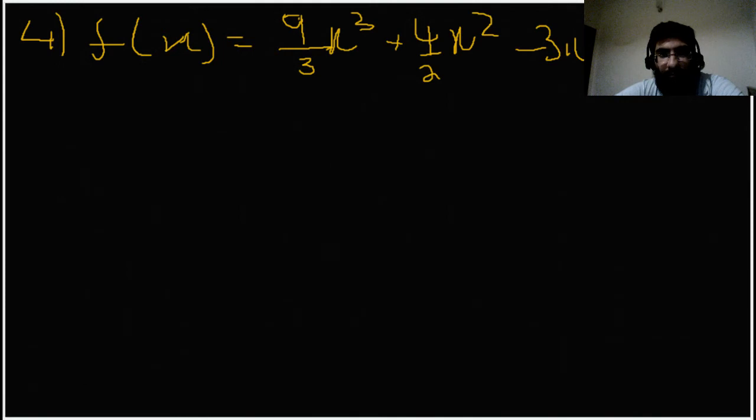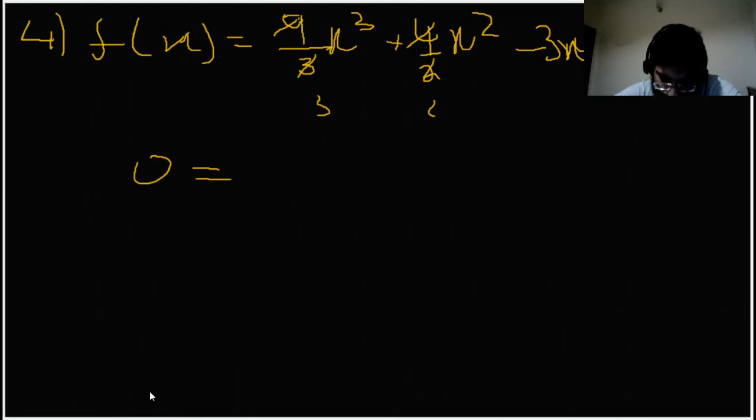Then this becomes 3 times 2. And then replace the value x equal to 1, y is equal to 0. This is equal to 3 times 1 cubed plus 2 times 1 squared minus 3 times 1 plus c.